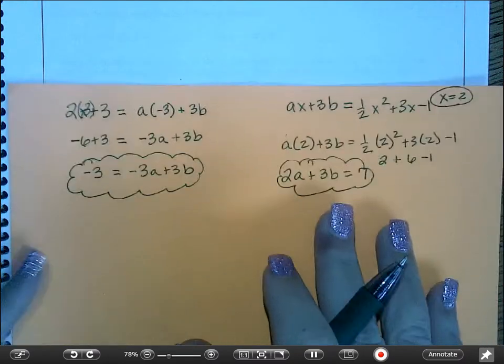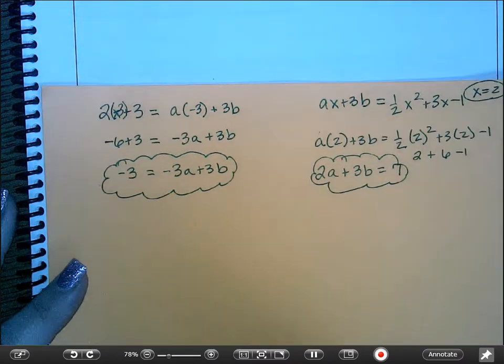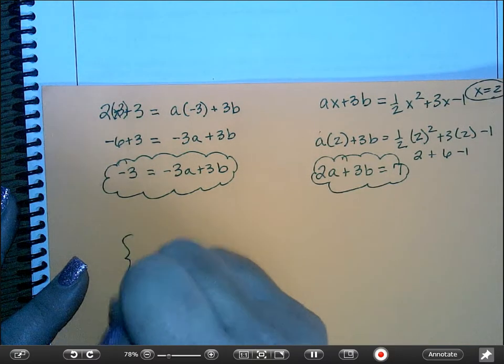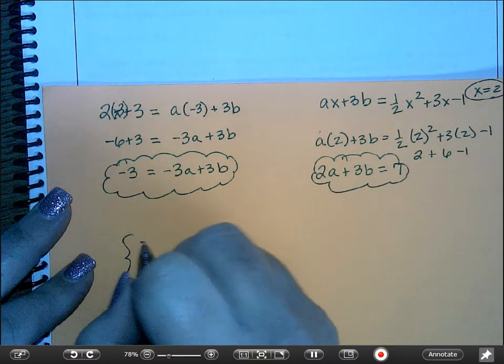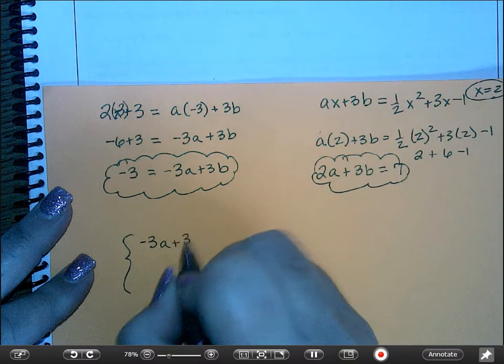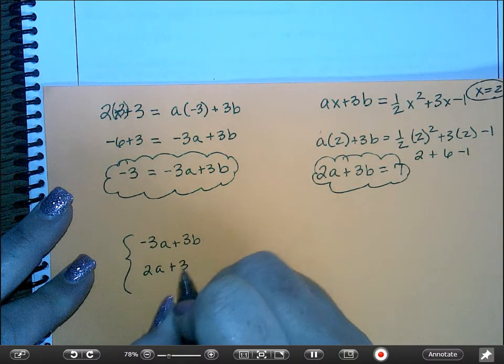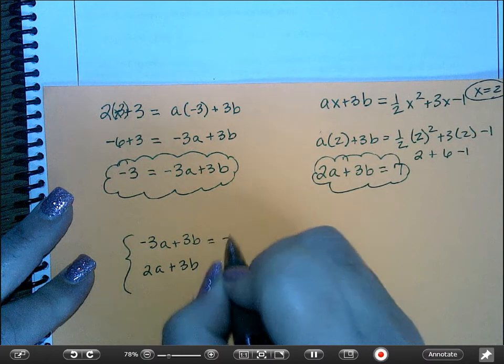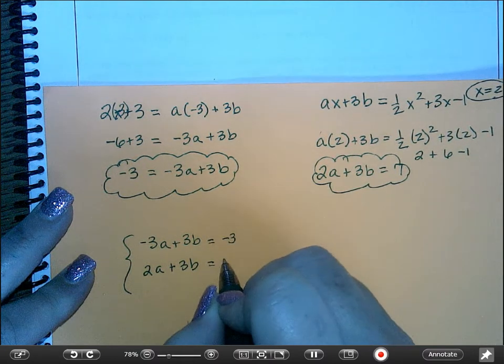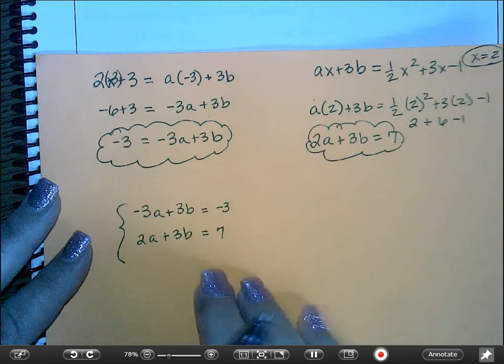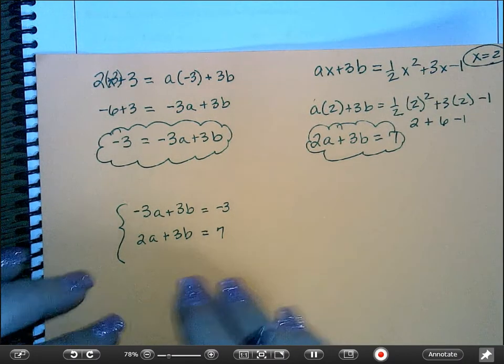So let's review from previous math courses that we now have a system. So we've got -3a plus 3b, 2a plus 3b, this equals -3, and this equals 7. The easiest way is elimination.